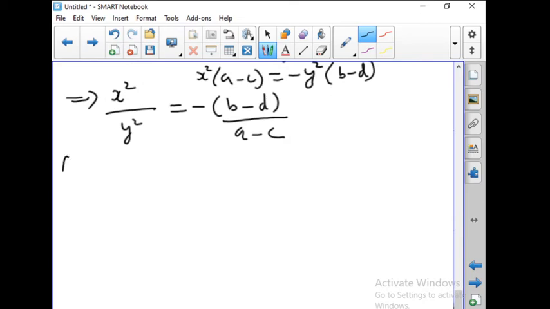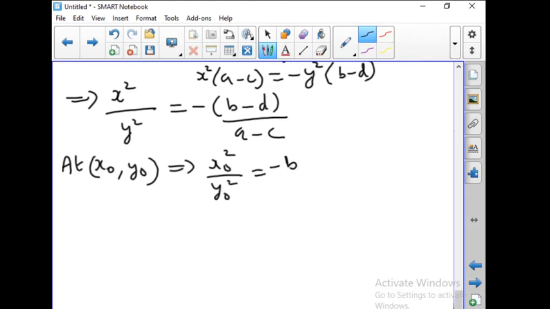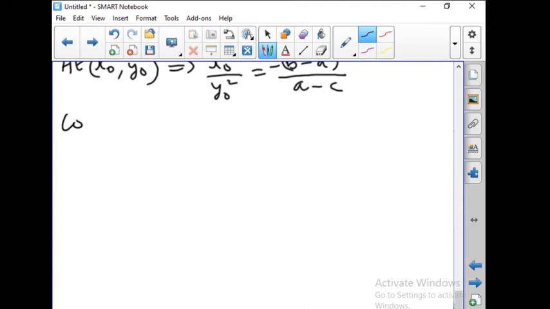So now at x naught comma y naught, what you will get? x naught square by y naught square is equal to minus of b minus d by a minus c. Now take the first curve. So consider a x square plus b y square is equal to 1.